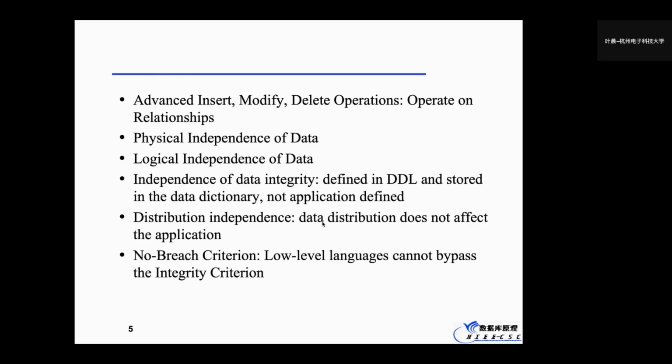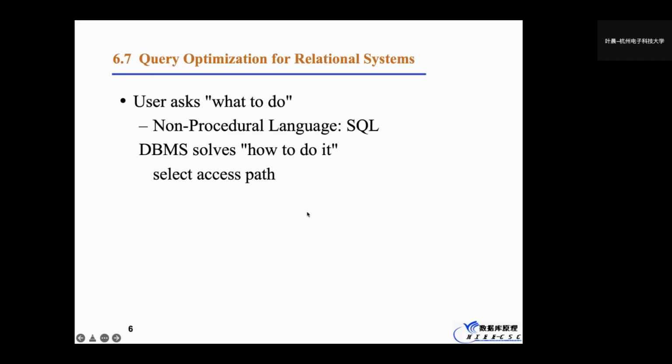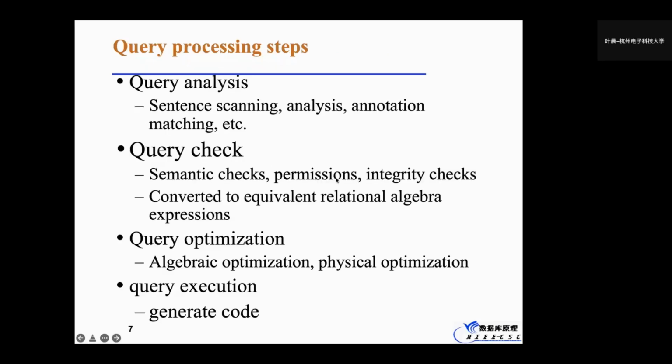And then let's come to study the query optimization for relational systems. So when we write the SQL language, we only focus on what to do and what result you want to query. And the DBMS decides how to do it and selects the access path of the query. So for query processing steps, we have the query analysis, which includes the lexical scanning, syntax analysis, and parsing and mapping, and so on.